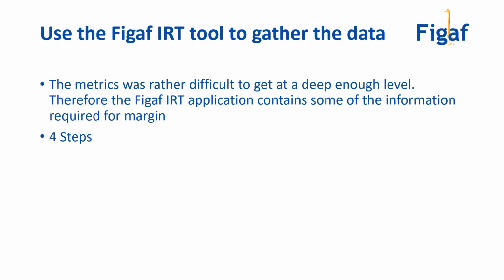So with the Figaf IRT tool, we have created an application that would allow you to gather all of this data and figure out what the message mappings are that we are using. So you can see this message mapping is being executed 253 times approximately in this period of time.